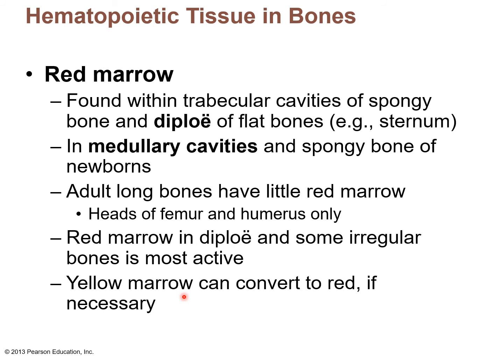So if someone has severe anemia and they are not producing enough red blood cells, what could happen is that some of their yellow bone marrow can go through a conversion and turn into red bone marrow, because once it converts to red bone marrow, that red bone marrow can make more red blood cells and therefore transport more oxygen.